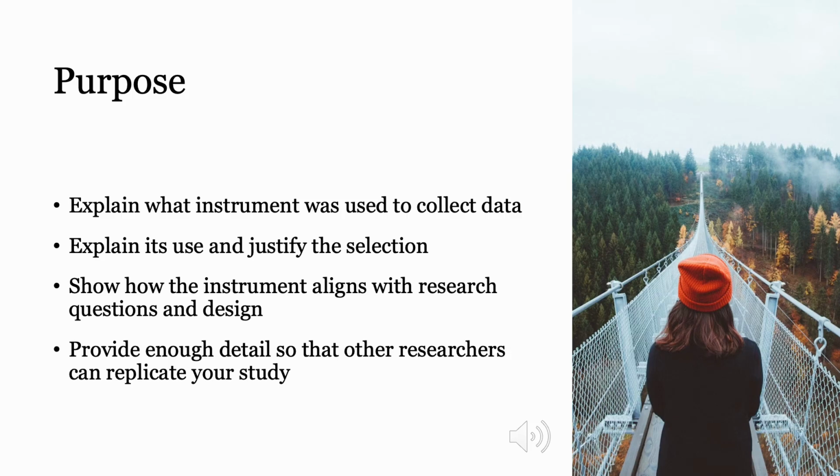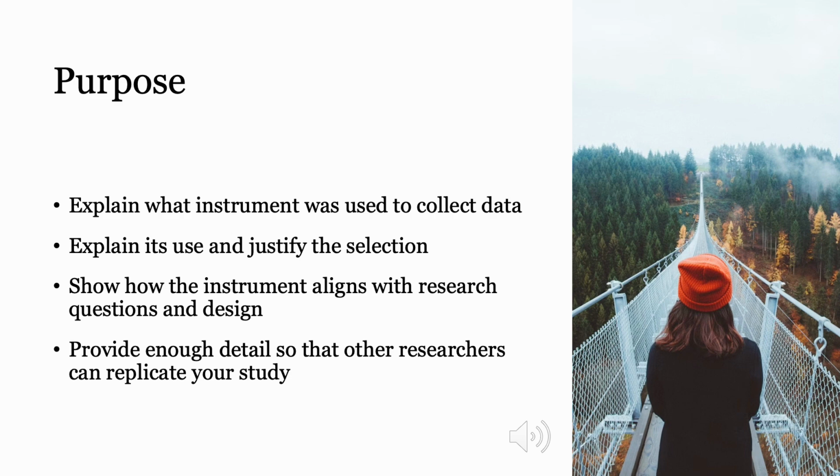The instrument section serves several important purposes. Most importantly, this section explains to the readers what tools you use to collect your data and why you chose them. You should explain not just the name of the instrument, but also its role in your study. You should also describe how the instrument was used and why it was the right choice for your study.